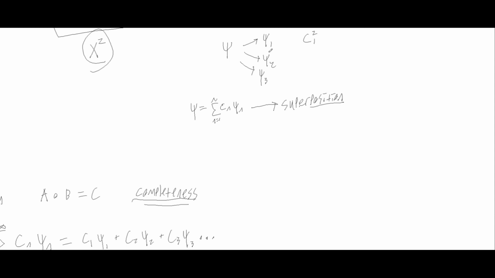The probability of it collapsing into psi 2 is C2 squared, and so on for C3 squared, and on until, I guess, infinity, really. In an infinite potential well, n goes to infinity.